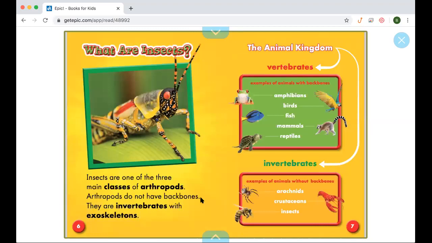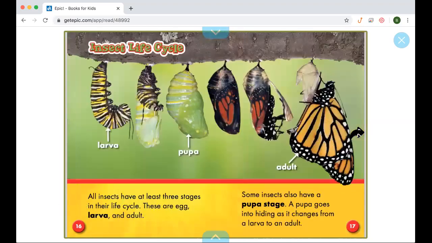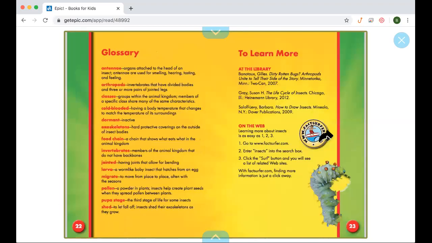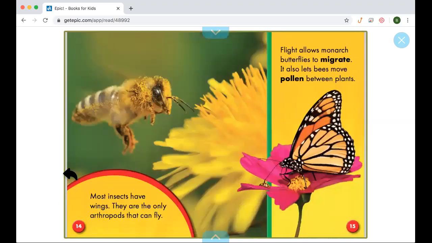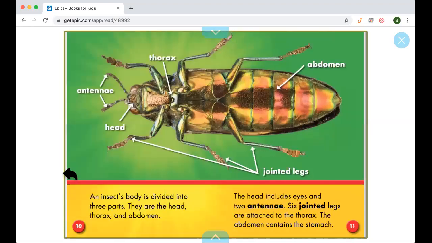Arthropods do not have a backbone, so they're not vertebrates. They are invertebrates with exoskeletons. So exoskeletons is bolded. So let me go to the back to where exoskeleton is. An exoskeleton is a hard protective covering on the outside of the insect's body. So it has something hard on the outside to help protect its insides.